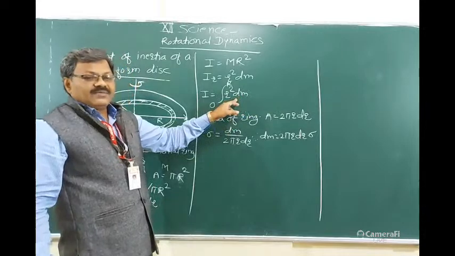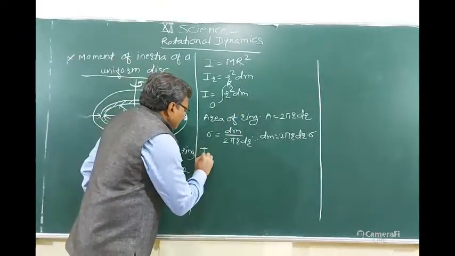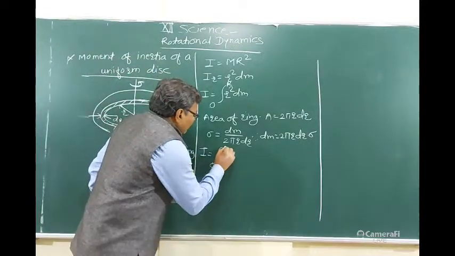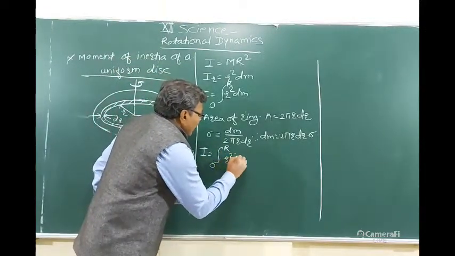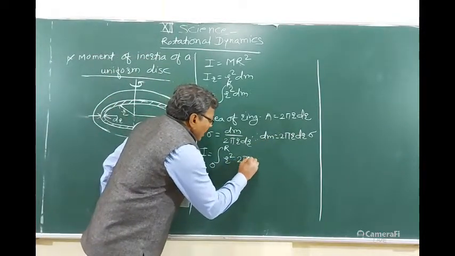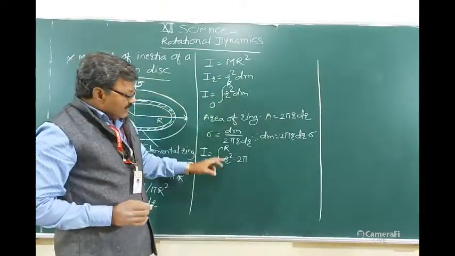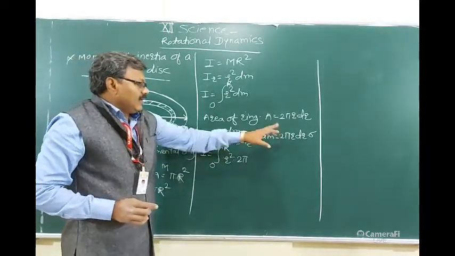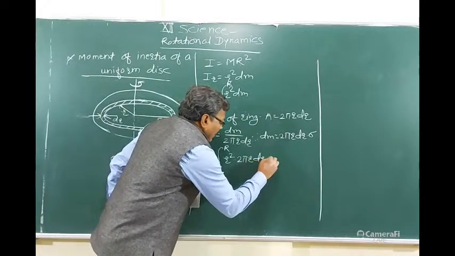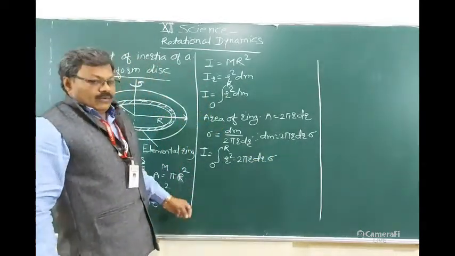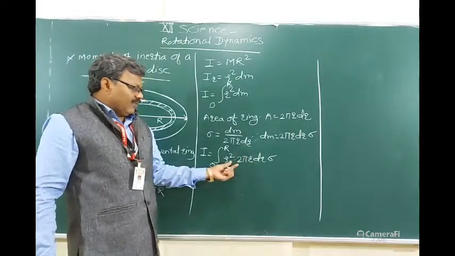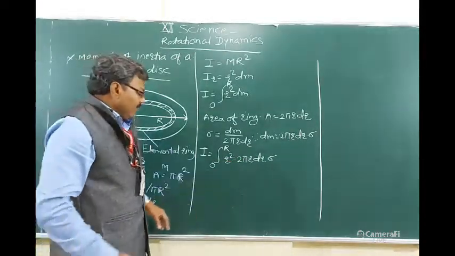Now, by substituting this value in the equation, I is equal to the integration from 0 to R of r square into dm, where dm is 2 pi r dr into sigma. Multiplying r square and r, we get r cube.